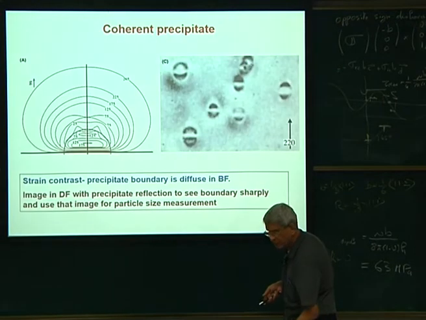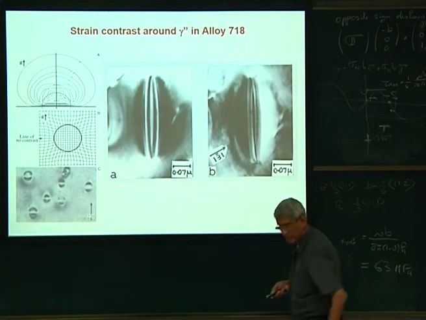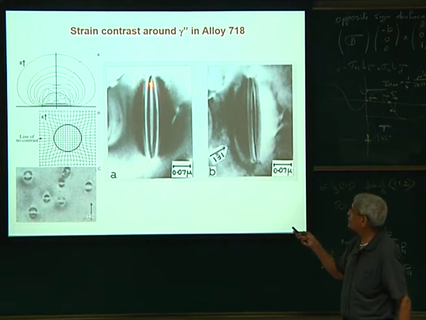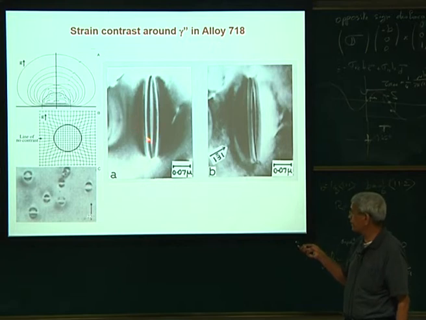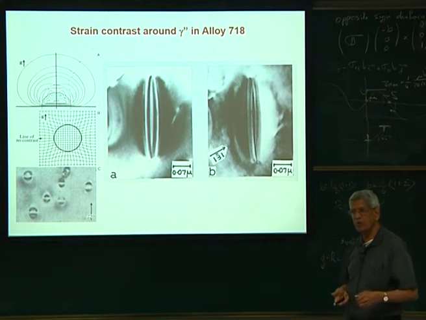In fact, this is in an alloy where, as I showed, the structure is body-centered tetragonal, with a precipitate having an ellipsoidal shape. This also shows a similar type of contrast. Looking at the image and how the contrast varies, we will not be able to make out the particle size.